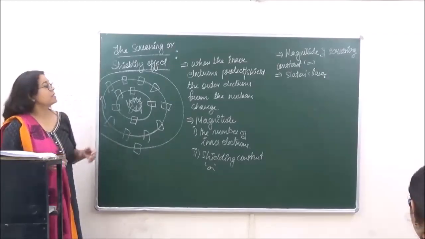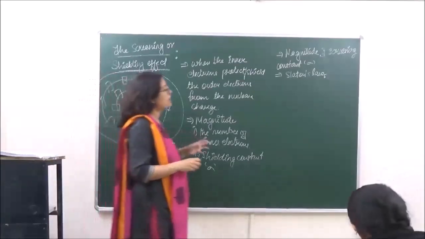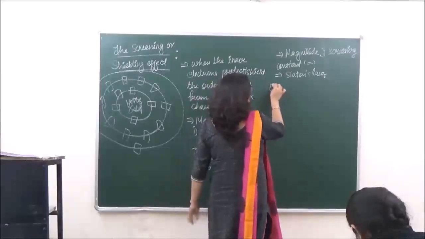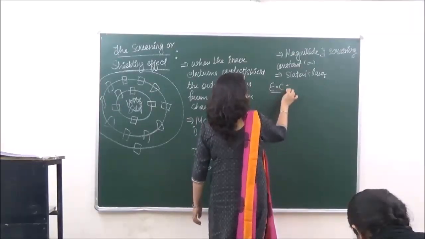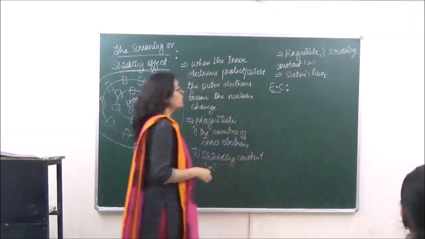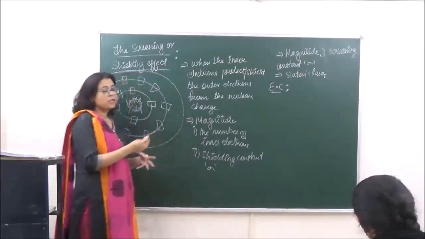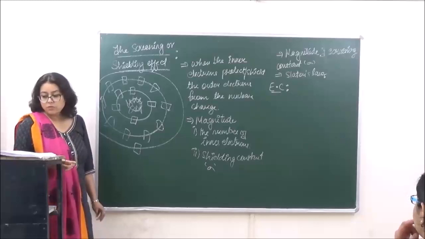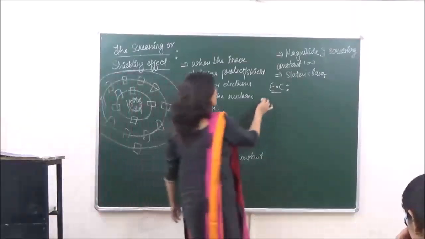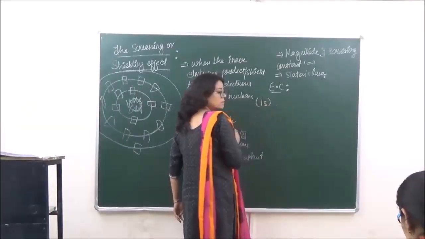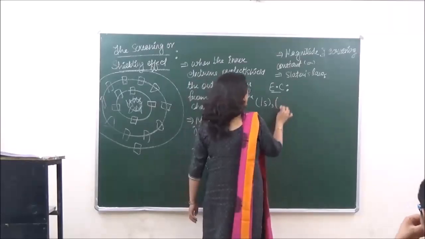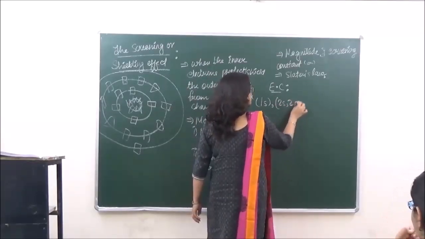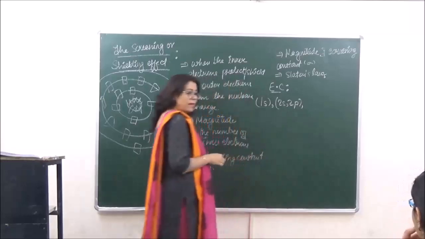Now, according to Slater's law, we have a definite pattern of electronic configuration. So let's see how we are going to group the subshells together while understanding Slater's law. First of all, we will have 1s. Then in the second group we have 2s and 2p, right?